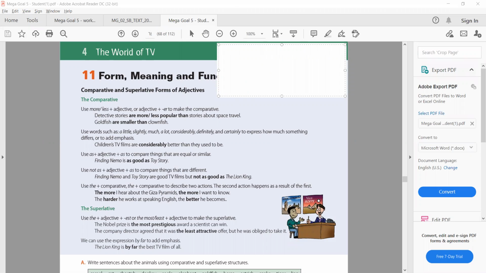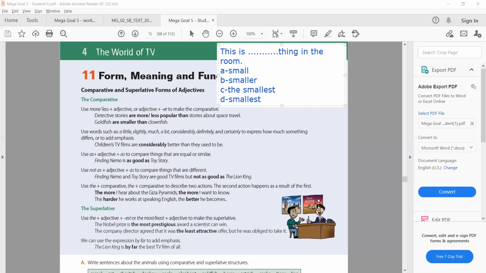Another question, I would say, A, B, C, and maybe D, small.